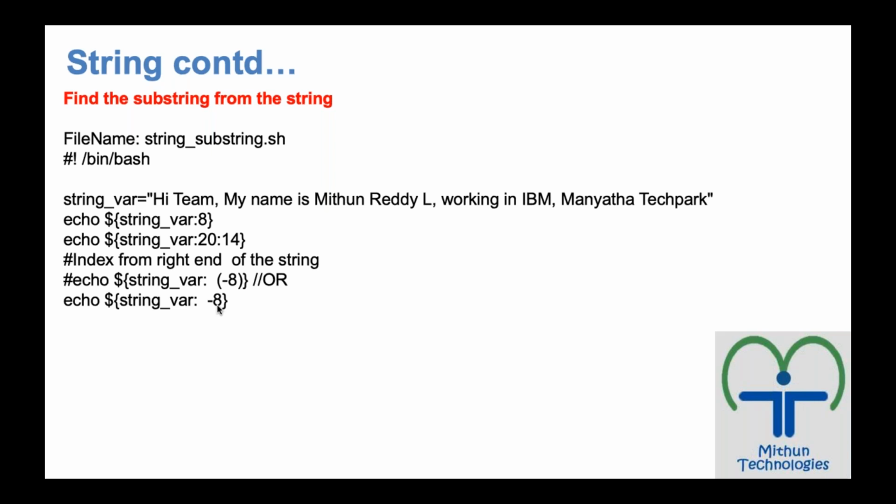Next up is arithmetic operations. Already we know, right? Arithmetic operators: plus is addition, minus is subtraction, forward slash is division, star means multiplication, and percentage is modulus.